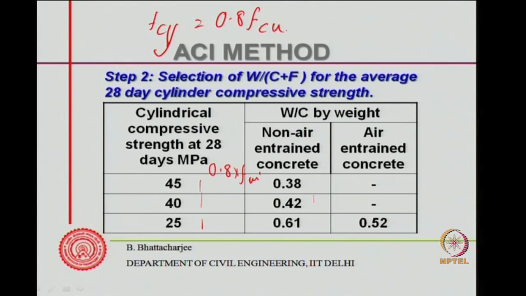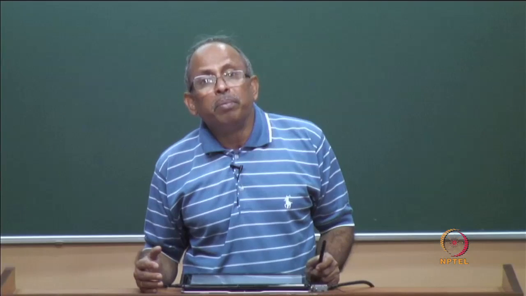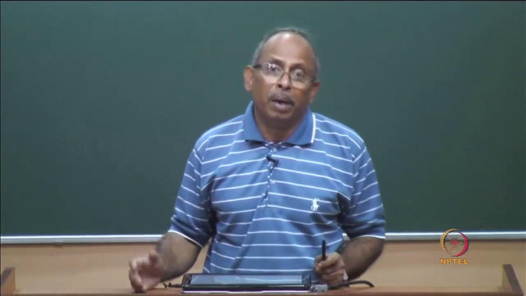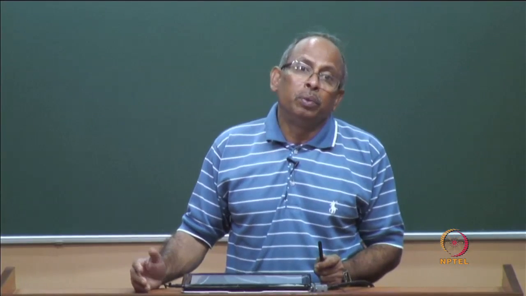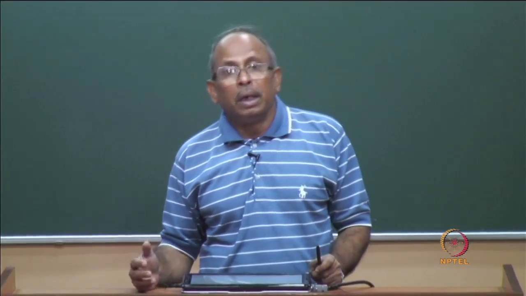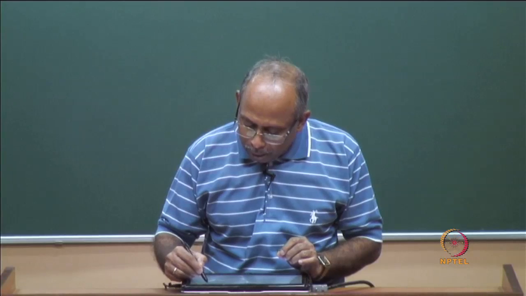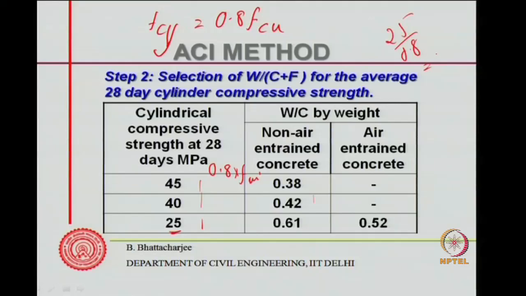So, when you are using this, let us say like in India, where we generally use cubes, if it is an M25 grade of concrete, then cylinder strength will be 25 multiplied by 0.8, which will be 20. Or if it is 25 here, correspondingly 25 divided by 0.8 will be 31.25 or whatever it is.